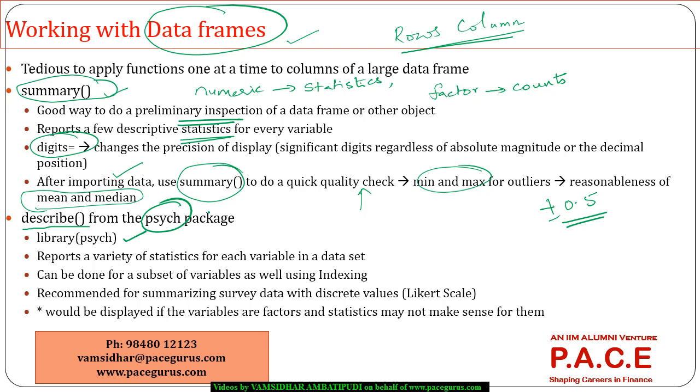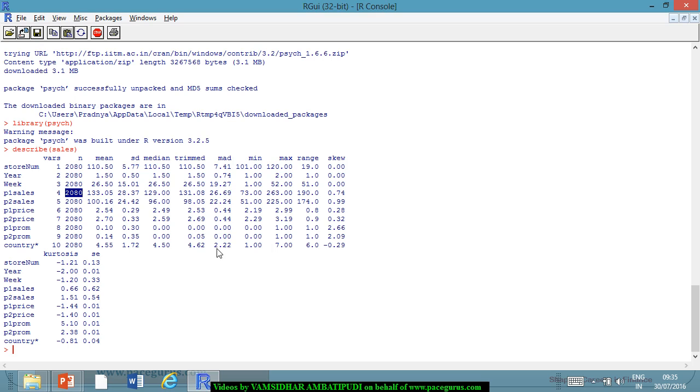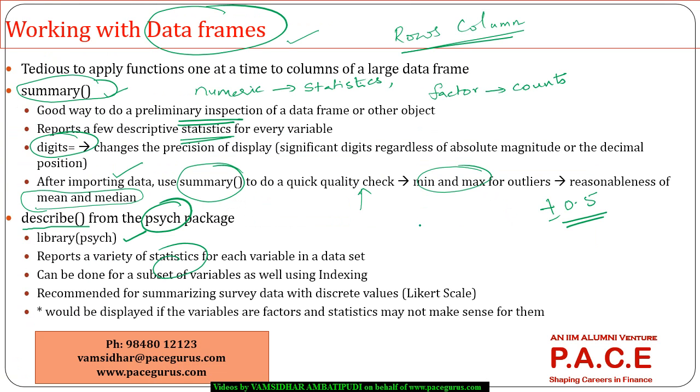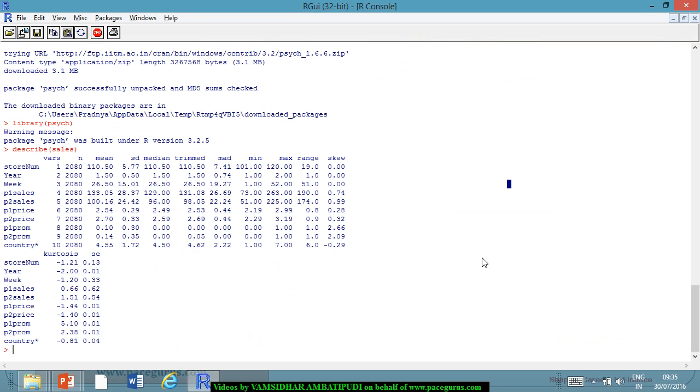It reports a kind of statistics for each variable, and in some cases it has even put a star, especially if the variables are of the type factor. If the variables are of the type factor, it directly puts a star, saying probably you have to take these numbers with a pinch of caution, because it's just quantified 1, 2, 3, 4.